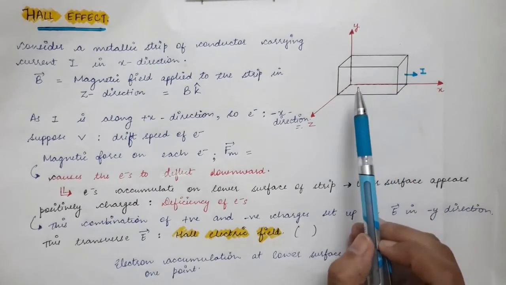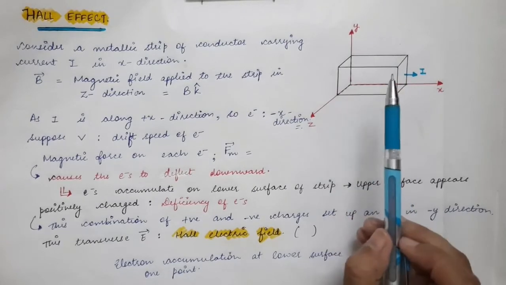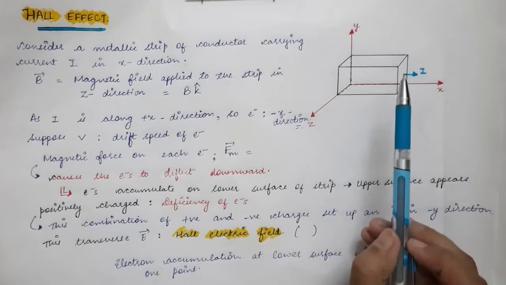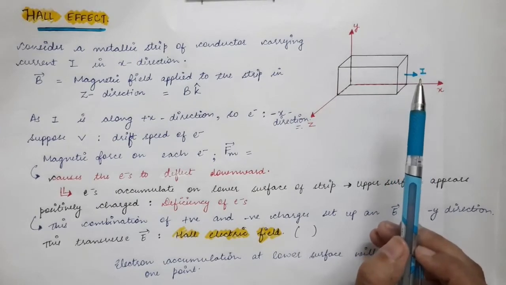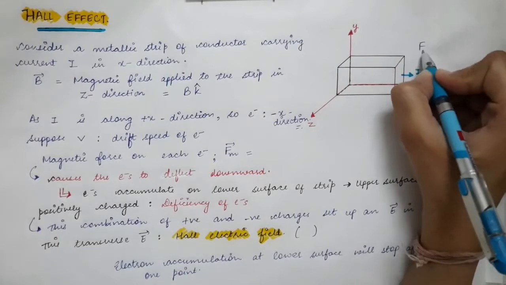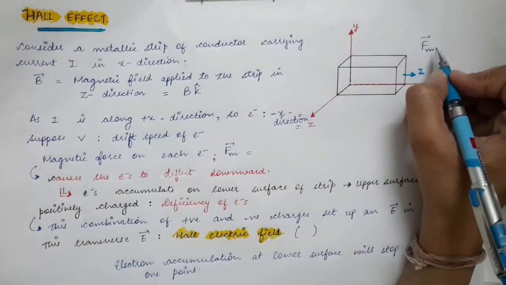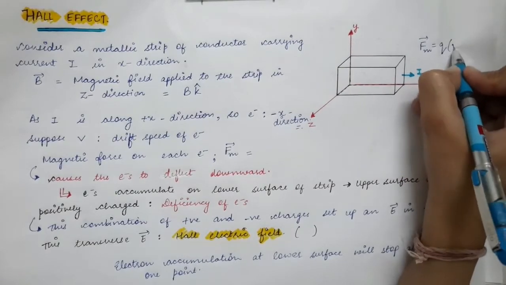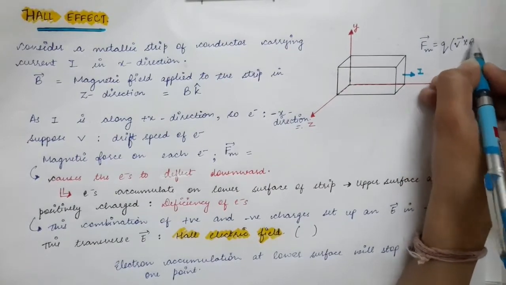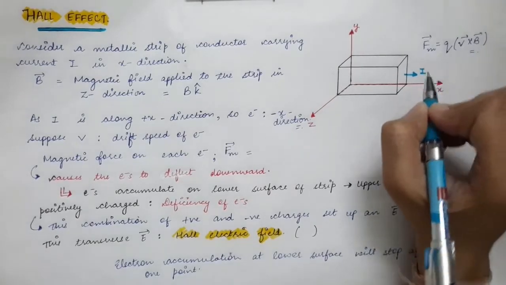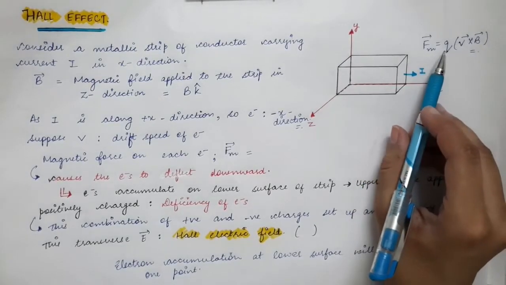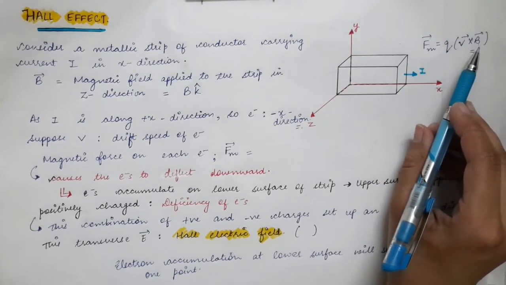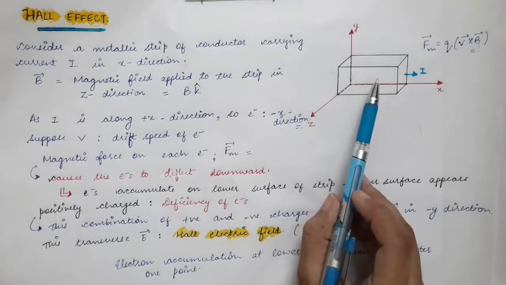If there is a magnetic field and some charge is moving through it, there will be a magnetic force acting on that charge, and that magnetic force on a charge moving in a magnetic field is given by charge times v cross B vector. So this is the formula of force acting on a charge moving with velocity v in magnetic field B. The same will go for the electrons.